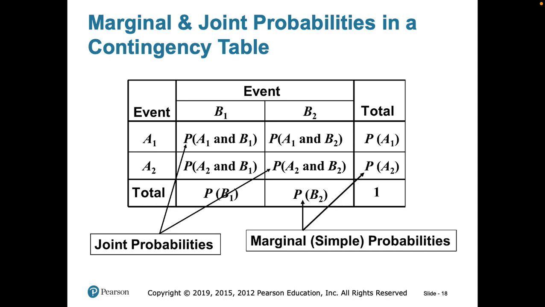So marginal or joint probabilities in a contingency table. You can put that on the table. Again, here you have your A1, B1, B2. Here are your totals. Here you have event A2.